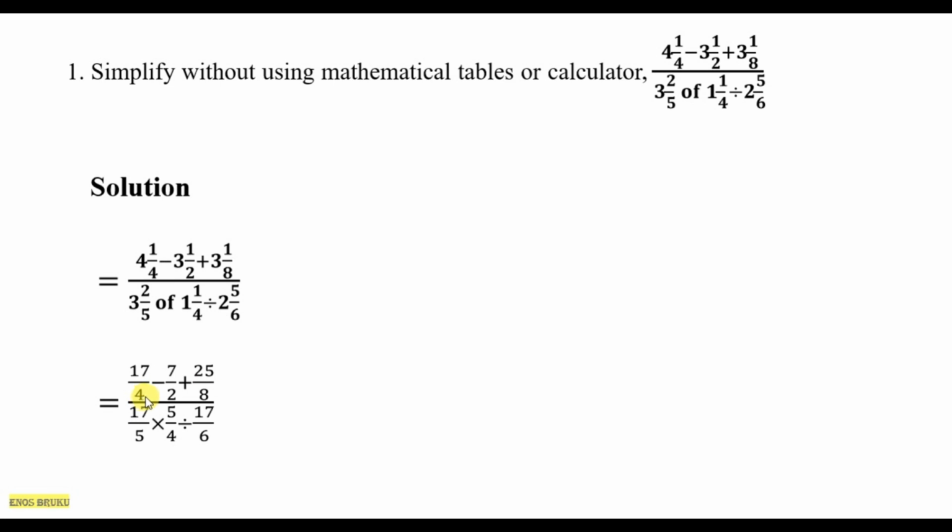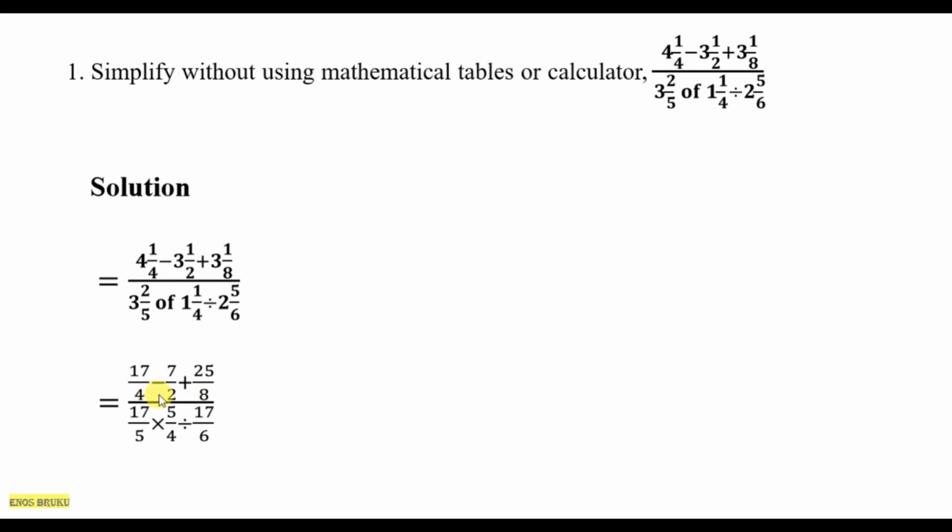So we want to know the number which 4 can divide, 2 can divide, and 8 can also divide. And not just any number, we want the least number they can all divide.